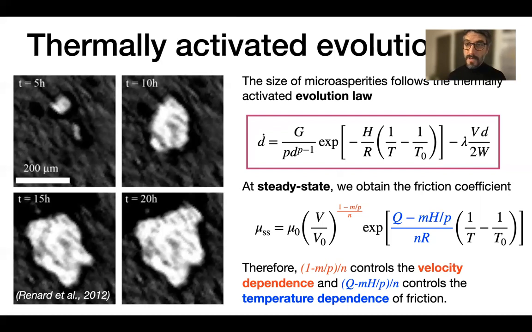Similar aspects can be found for temperature, which is controlled by the difference between the activation energy for weakening and the activation enthalpy for healing. When this power exponent Q minus mH over P is positive, it gives rise to temperature weakening. When this parameter is negative, it gives rise to temperature strengthening.